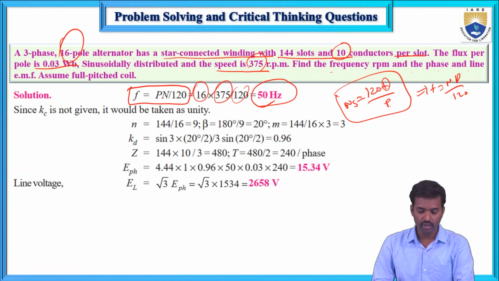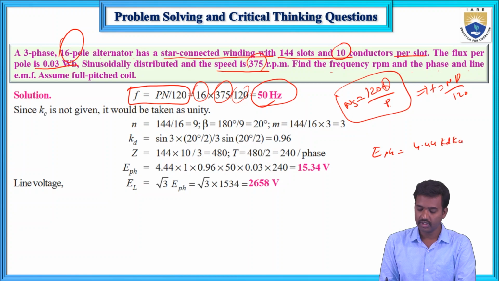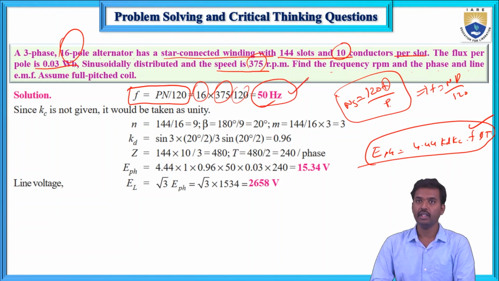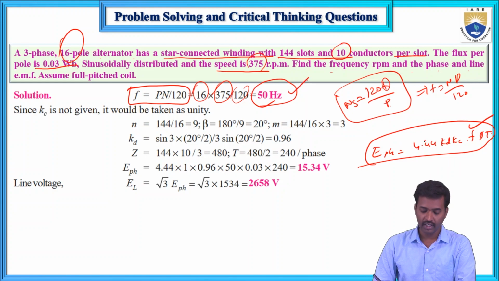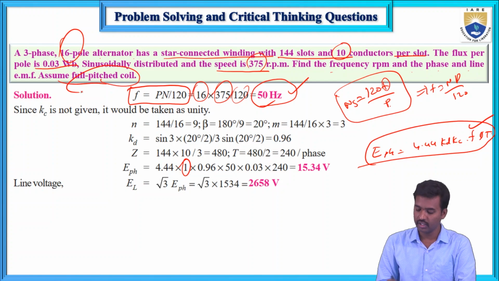Now what is the formula actually? E phase equals 4.44 KD into KC into F into flux into the total number of turns. Here the frequency is 50 Hz, and next KC and KD. KC is 1, since for a full pitch coil KC is 1.